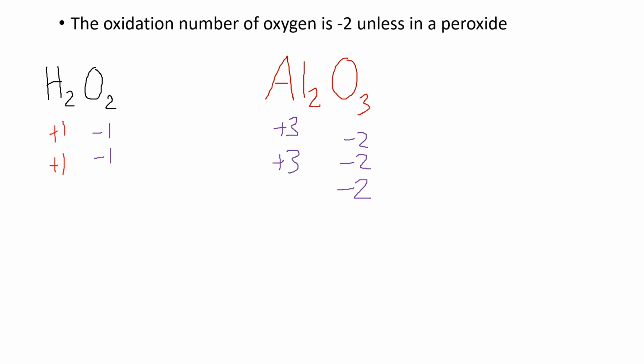And that takes in another rule, actually. I won't bother making it into a slide because it's probably not worth it, but aluminium is always +3 when it's in a compound. So you could always say aluminium in a neutral compound has an oxidation number of +3.